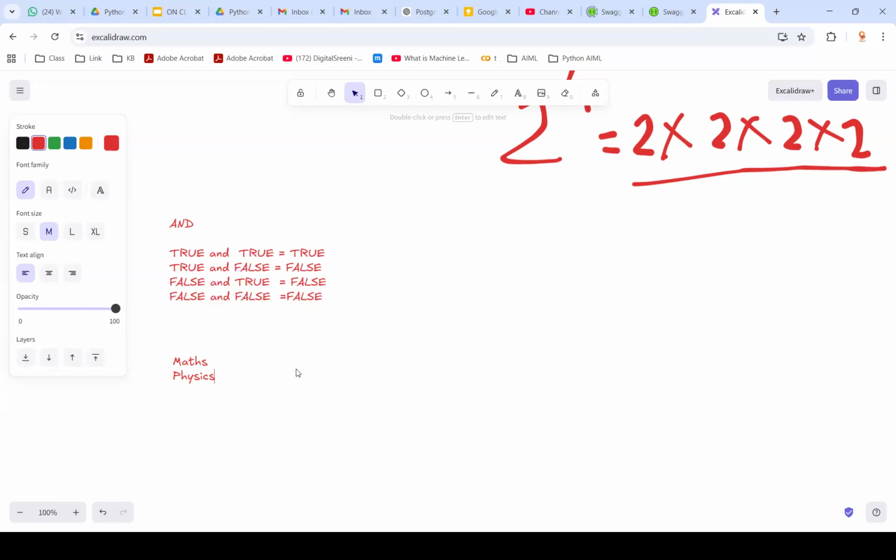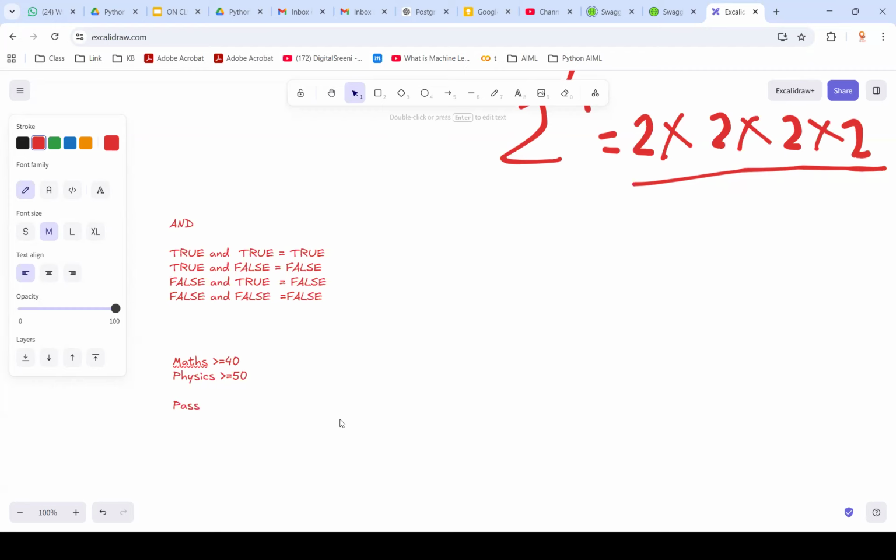So now here, if someone got maths marks greater or equal to 40, and physics marks greater or equal to 50, then what will we say? This is pass.